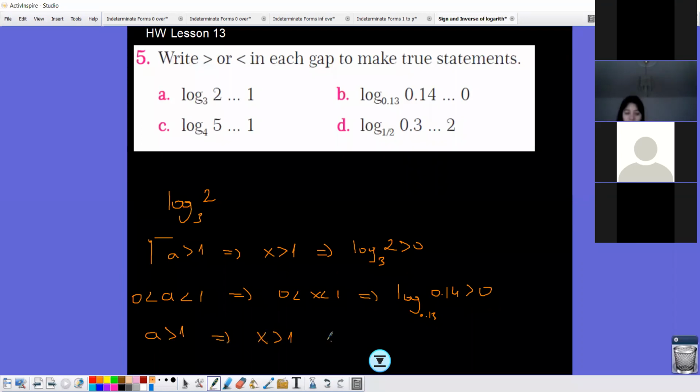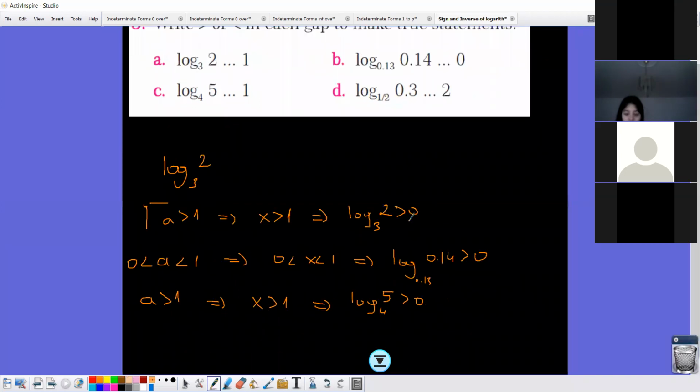X is greater than 1. So logarithm of 5 to the base 4 will be greater than 0. If I ask you a question, I will ask you to find if it is positive or negative, not like 1 or 2, okay? And in D, the base is between 0 and 1. X is between 0 and 1. So again, all of them here are positive.